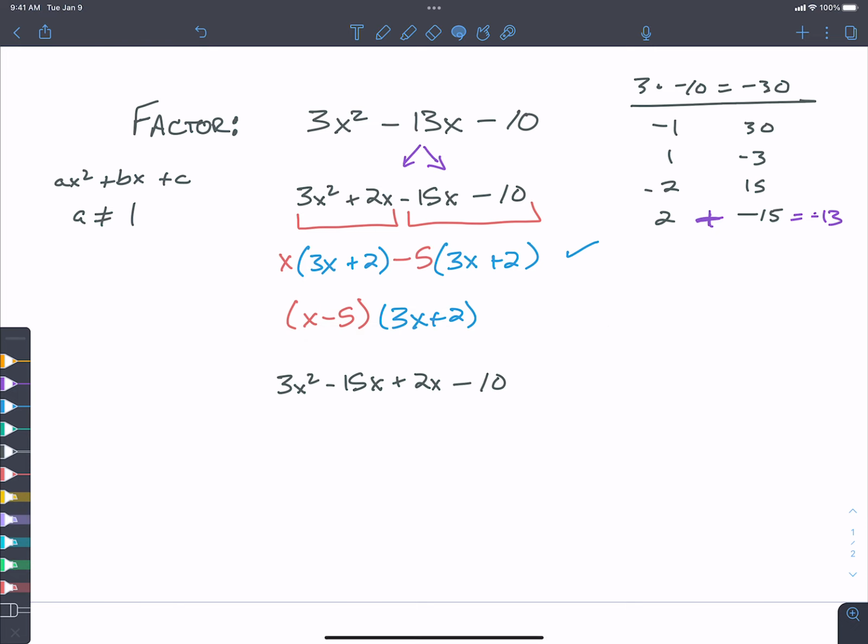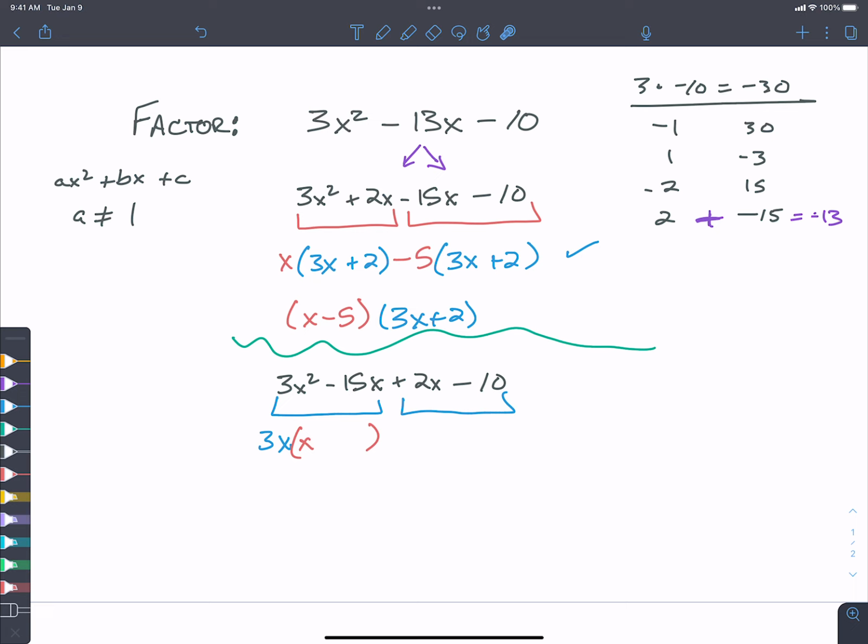All right, so now let's look again. This is the same problem, but slightly different. Let's look to see what is common between these two things. Here I actually have a 3 and an x that can be factored out of this. So I take a 3x out, and what I'm left with inside is 3x times x would give me x squared. 3x times what gives me negative 15?